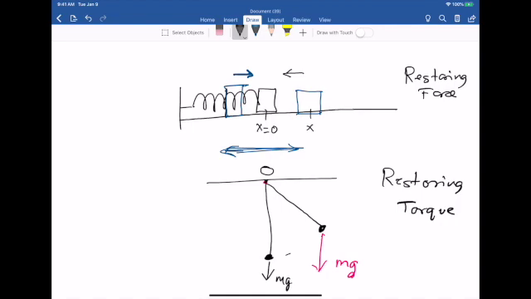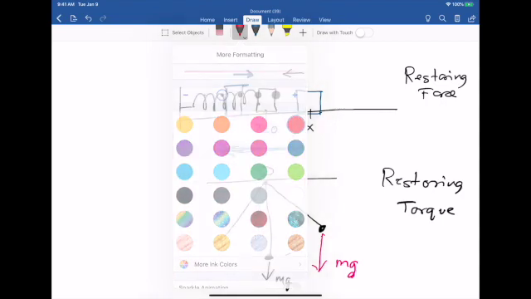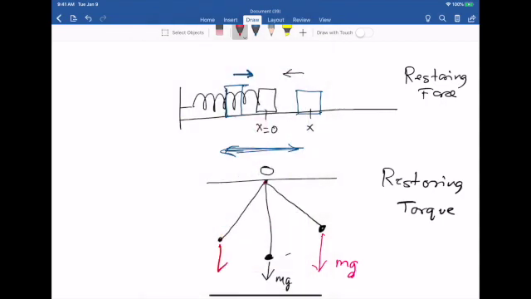But the pendulum is not going to stop at that point. It's going to keep swinging until it gets to the other side. And then once again, there will be a torque exerted by its weight.